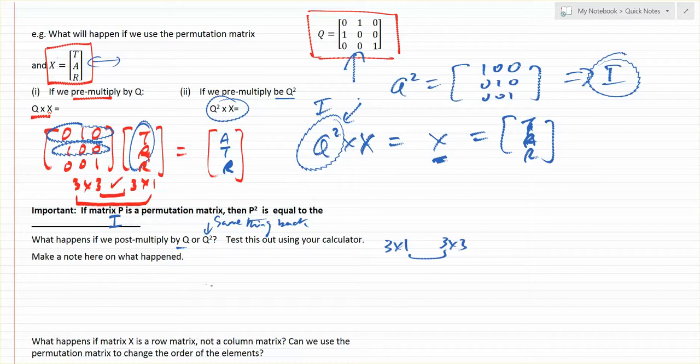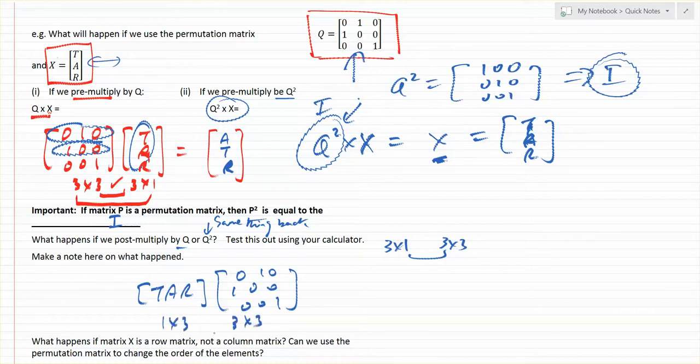So we need to physically change TAR to a row matrix, because they're incompatible if I do it that way. So this is now a 1 by 3, and this is a 3 by 3. You can see these agree, so you get a 1 by 3 at the end.